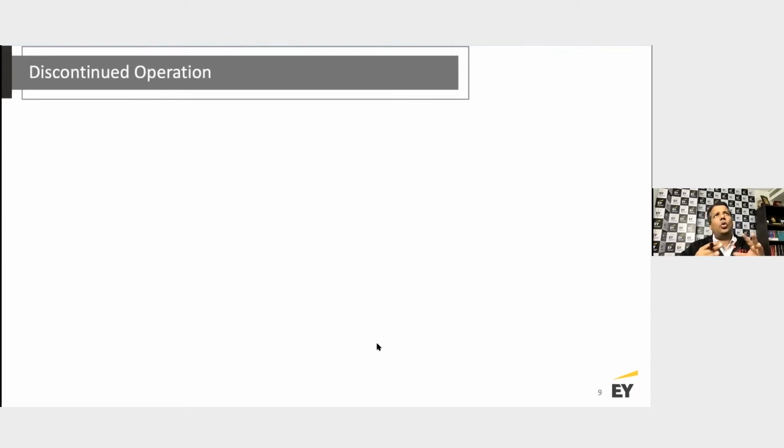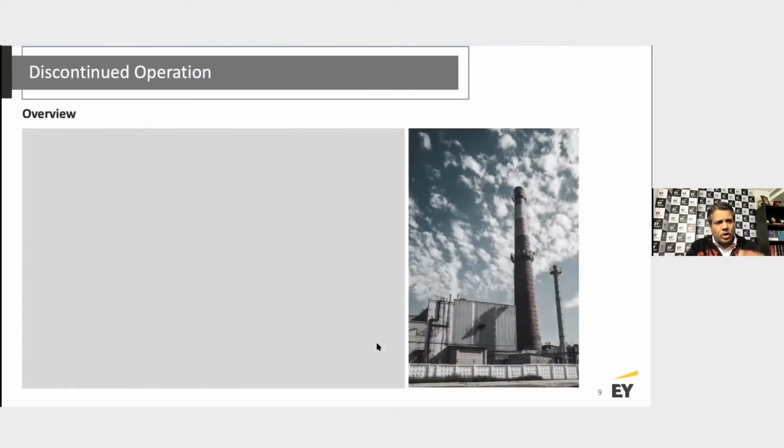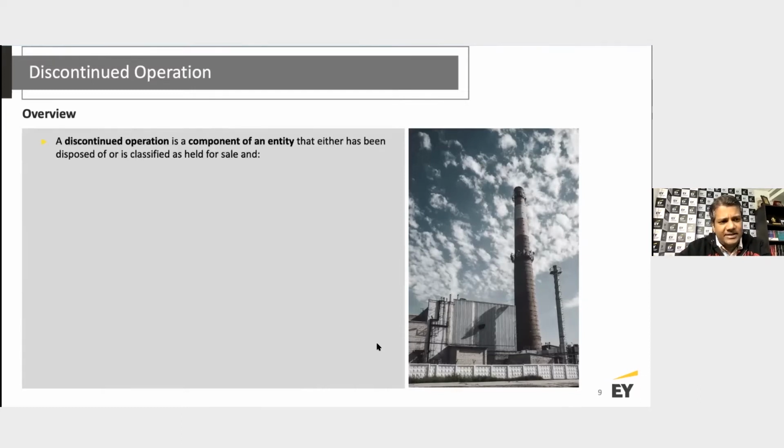As I said, not all disposal groups which are held for sale are to be classified as discontinued operations, but some of them may be eligible to be classified as discontinued operations as well. So what is additionally required for them to be classified as a discontinued operation?